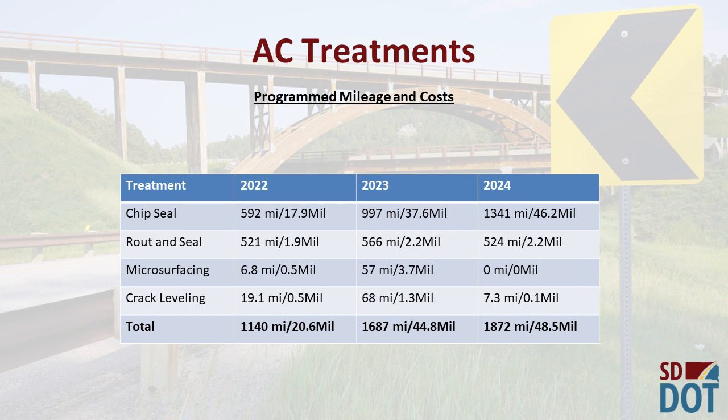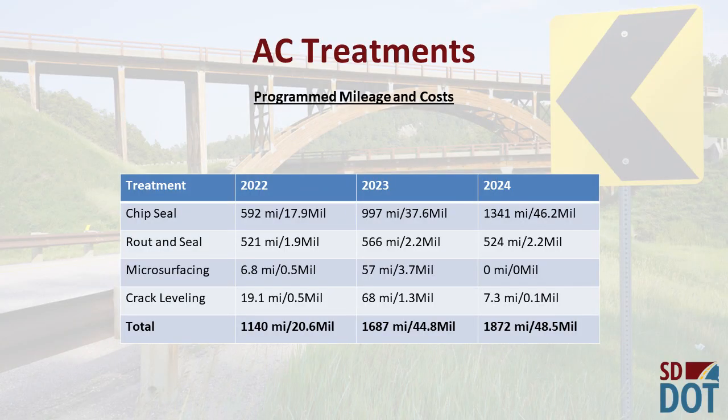In 2023, next year, since we're ramping up our different timing for our first chip seals, that has been kind of increased to about 1,700 miles for about $45 million. And then the year after that, we're increasing that a little bit. And that's in response to some of the increases in overlays we've been seeing over the next couple years. We've really got a lot of work coming down the pipe.